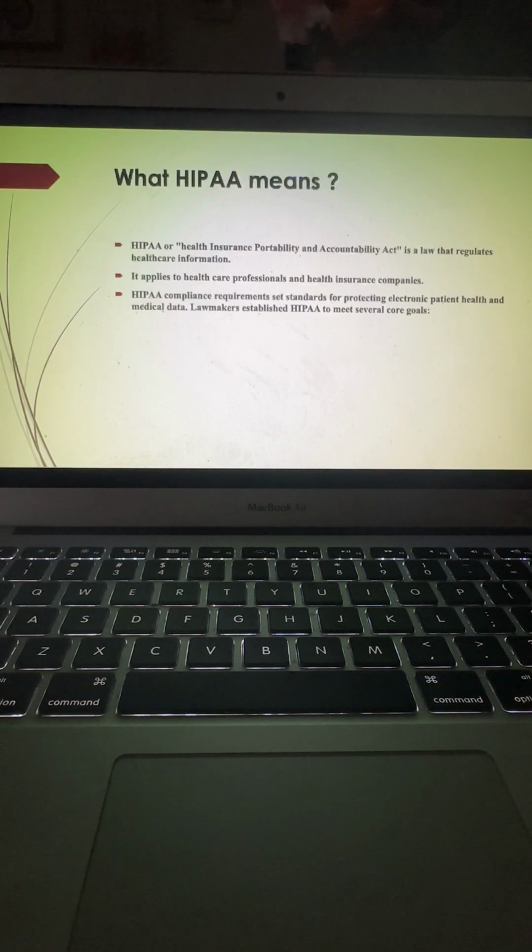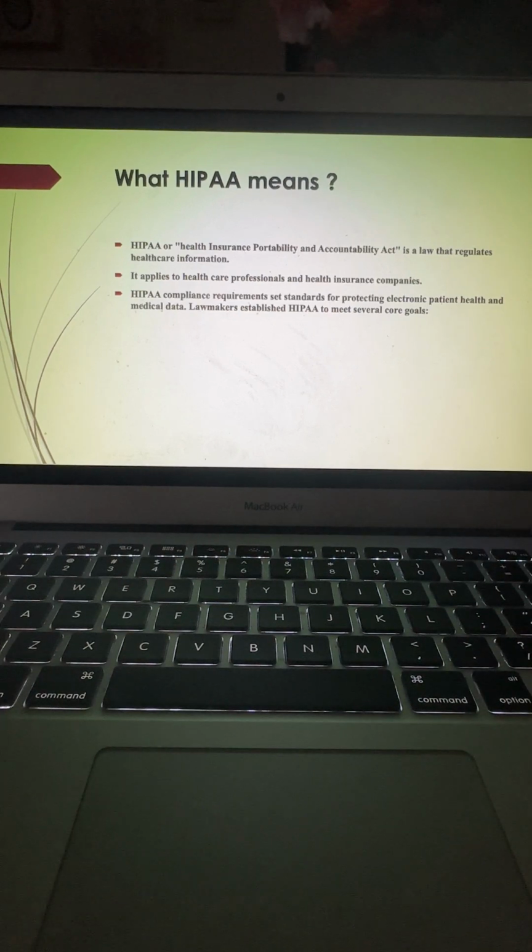So, let's get started. When it comes to privacy and security in healthcare, HIPAA is something you have to mention. HIPAA, the Health Insurance Portability and Accountability Act, is a law that regulates healthcare information. It applies to healthcare professionals and health insurance companies. HIPAA compliance requirements set standards for protecting electronic patient health and medical data.